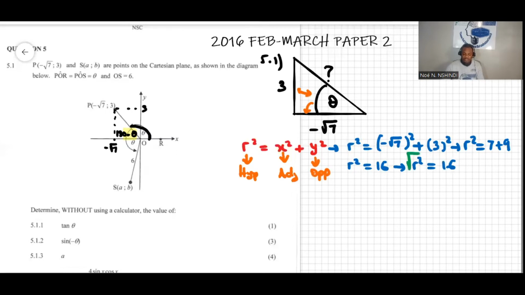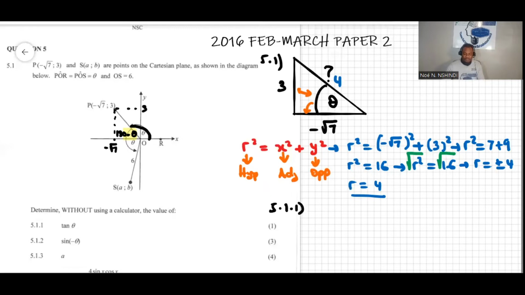This makes r equal to plus or minus 4. But r must always be positive, since the hypotenuse is positive, so we are going to take r equal to 4. Then we can start answering the questions now.